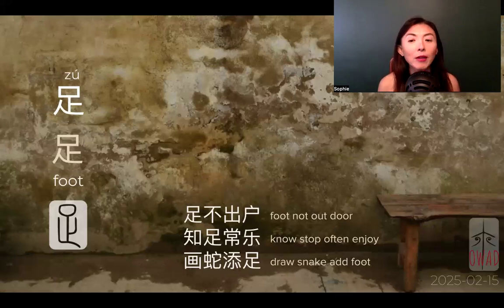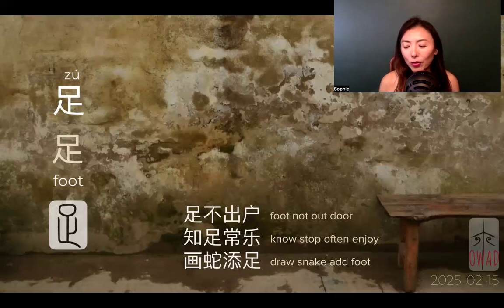You are putting something in there that's a deviation from the perfect state, which is, after you draw the full snake without a foot, a footless snake. That's the right snake. But you decide to go further, add something more to it, which blemishes and disqualifies the whole work of yours.